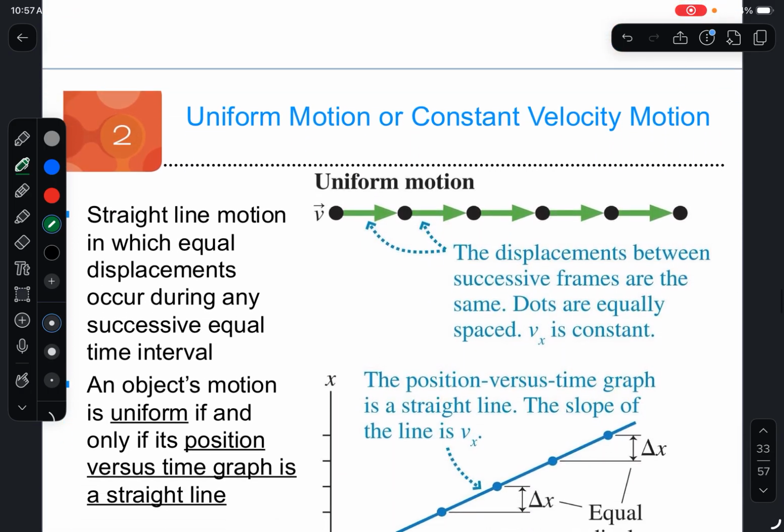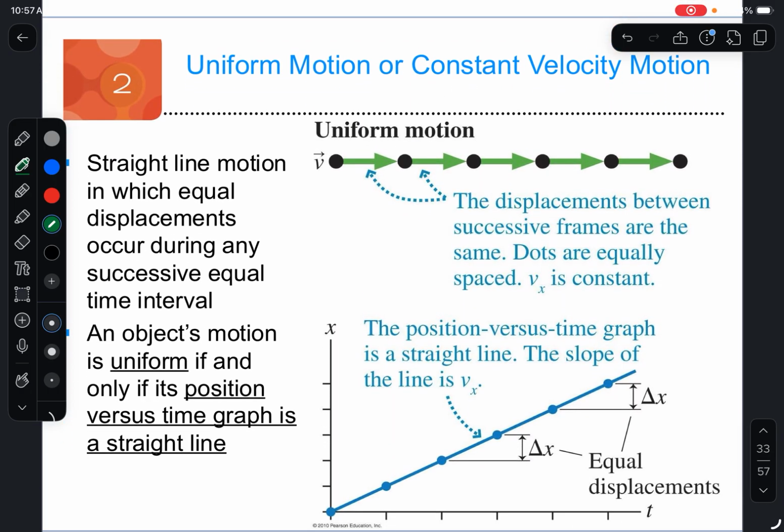Now, when you have uniform motion or constant velocity motion, you're going to have straight lines. The top picture shows you uniform motion, and the way we know that is the displacement between your successive frames is equally spaced. So basically your dots are equally spaced.